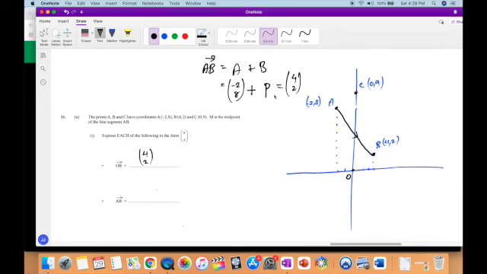So at the end of the day, you can't just add the points A and B. It's the point A that is moving in a certain direction, and that direction is what we want to find out. That is the vector. And then it'll end up at point B. So you can't just add A and B.